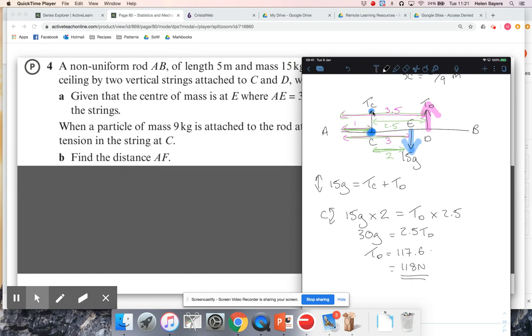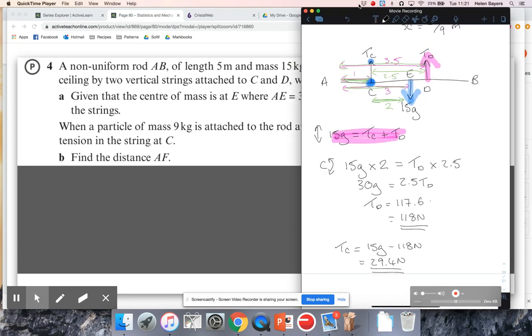Then I can go to this equation and say that the tension at C is going to be 15 g minus 118 newtons. So 15 g minus the previous answer gives 29.4 newtons.